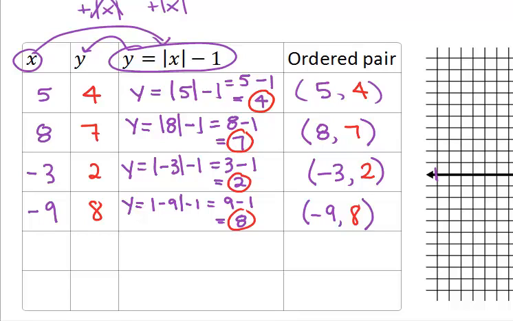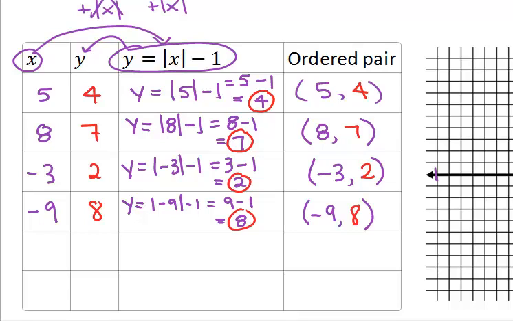And I need to keep doing this until I feel like I have enough ordered pairs, or enough points, to come up with a clear graph of this equation. You can try to plot these points, and if it's good enough, you're good to go. And if not, then maybe you need to pick a few more. Now I had only listed 6 lines in this table, but you might need more or fewer than 6 points. So feel free to adjust that table however you would like.